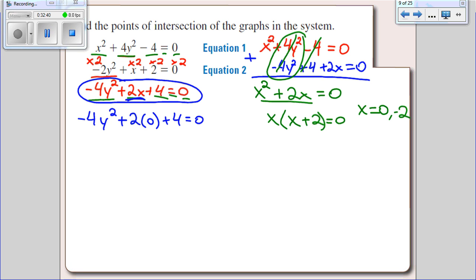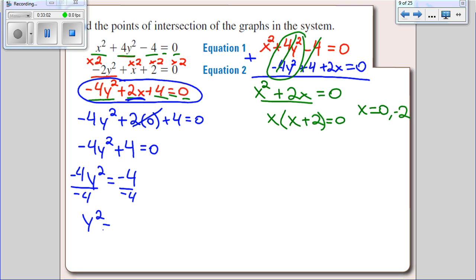So negative 4y squared is equal to negative 4. Divide both sides by negative 4. The y squared equals 1. And we're going to square root both sides. When we square root both sides, remember we put a plus minus. So y equals plus minus root 1.